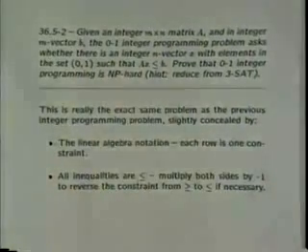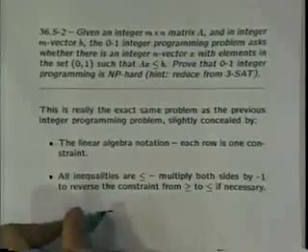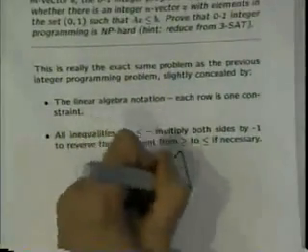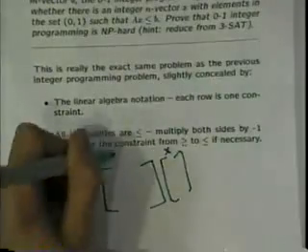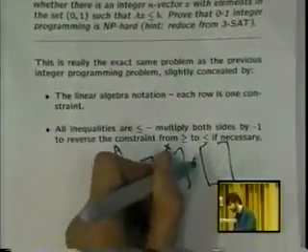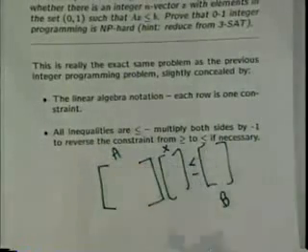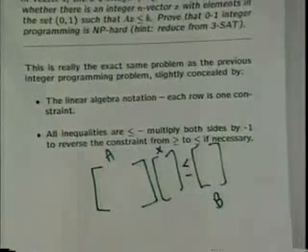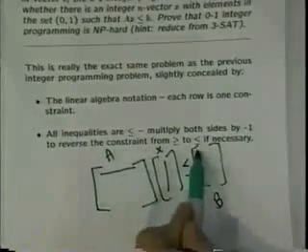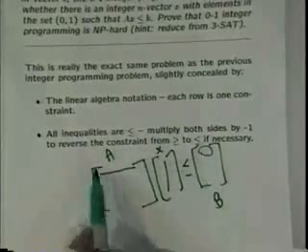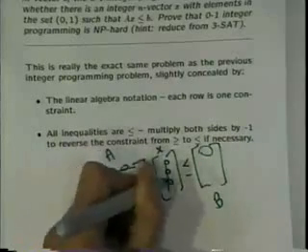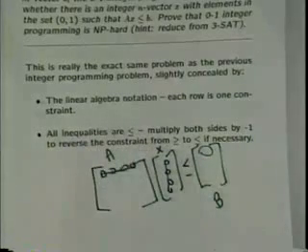This linear algebra notation is saying you've got some matrix. You want to multiply that by some vector x such that everything is less than or equal to some vector b. So what is that going to be? The first value is going to be saying we take this times this, this times that, this times that.